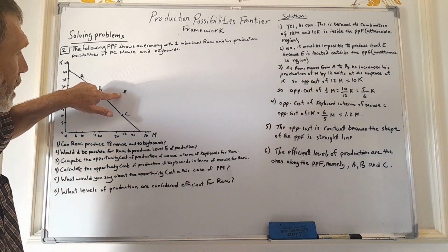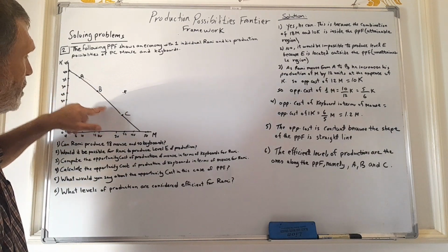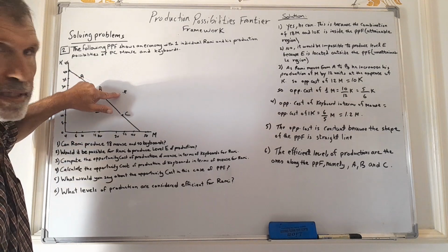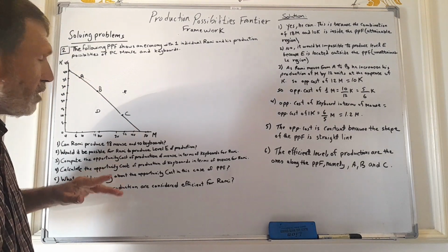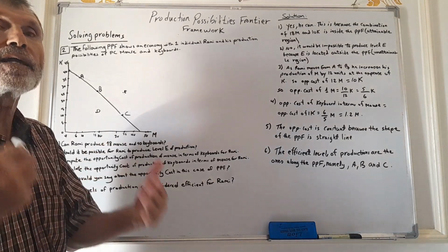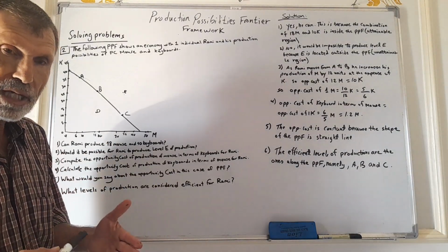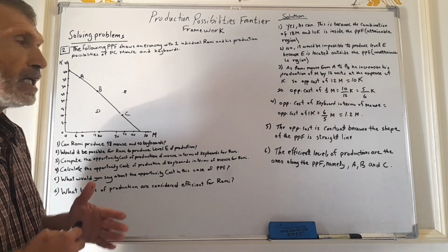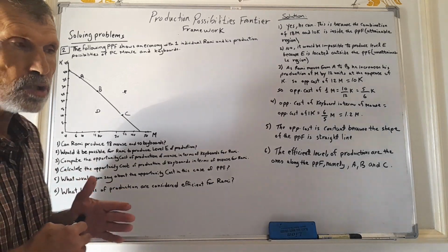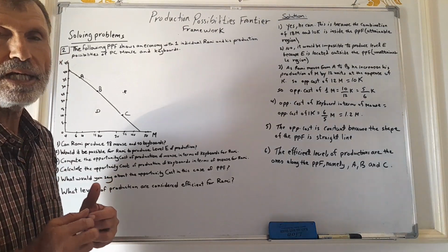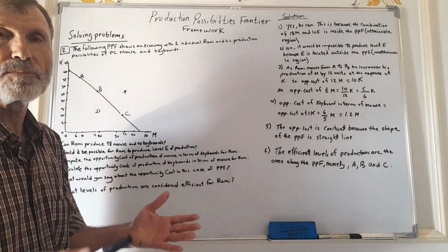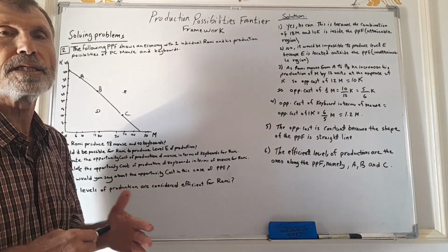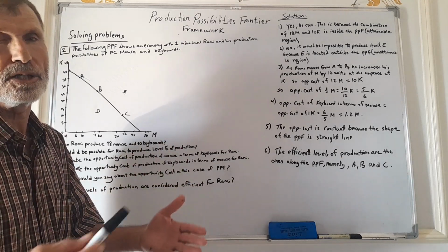As you can see, E is located beyond the PBF, outside the PBF. Therefore, E is in the unattainable region, which means that he can't produce at E. So it's not possible for Rami to produce at E.